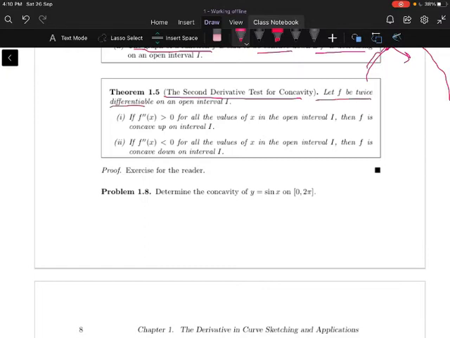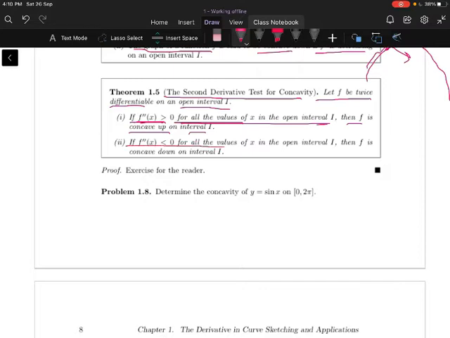Let f be differentiable 2 times on open interval I. If f double dash of x is positive, meaning you have to differentiate f 2 times, that is f double dash, for all x in the open interval I, then f is concave up on the interval I. When do you say f is concave up? If f double dash of x is positive for all values of x in the open interval I.